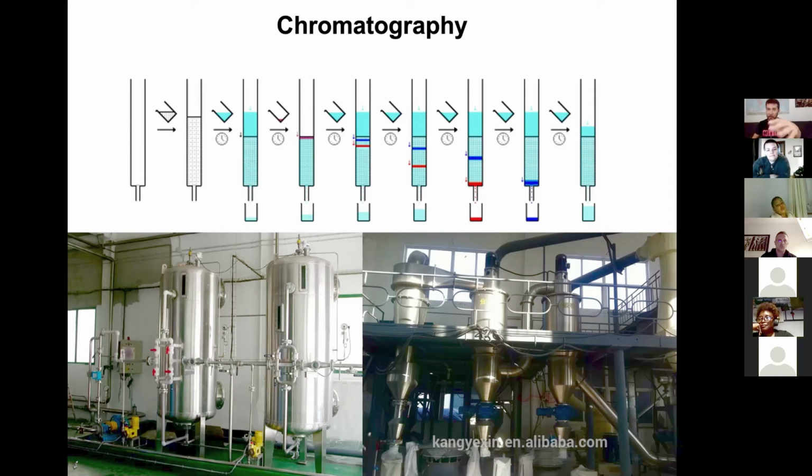To make such a column, it's always different how high the column is, what the stationary phase inside is, and what the mobile phase is. But at the end you can always find conditions to get these compounds separated, and you say, oh, very nice, I have a compound. Let's test if this compound works against HIV.